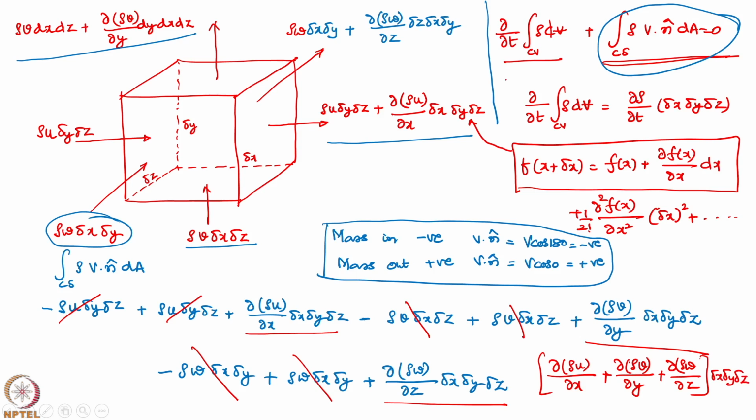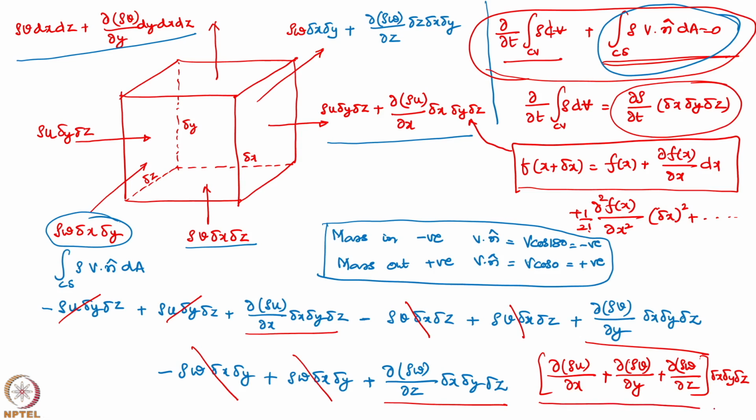Remember, there is one more term. We are trying to write this equation. So one of the terms is dou rho by dou t delta x delta y delta z, other term is this.